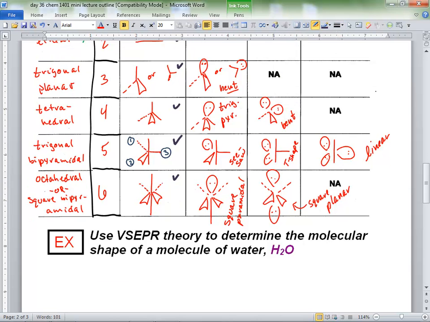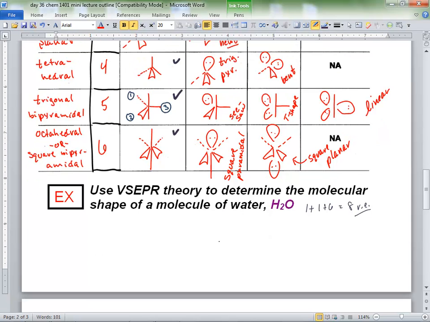Water. It's a simple one, but it gets the point across. Get the valence first, because we have to draw the Lewis dot. Each hydrogen has 1. Oxygen has 6. So I've got 8 valence electrons. So you put oxygen in the middle, connect them. Anything left over goes on the center atom, right?